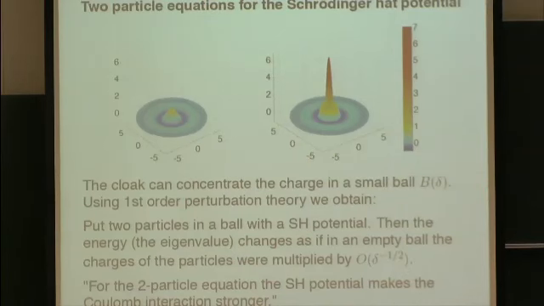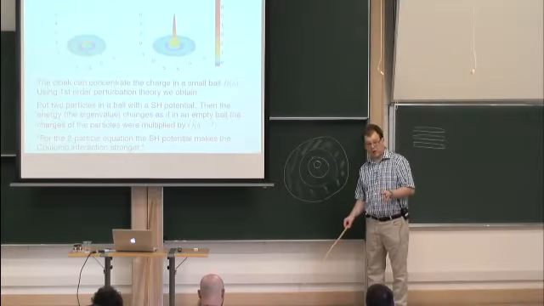So it's very interesting that for one particle, the Schrödinger hat potential is invisible, but for two particles, it becomes very visible, like it's somehow making this repulsion force stronger.